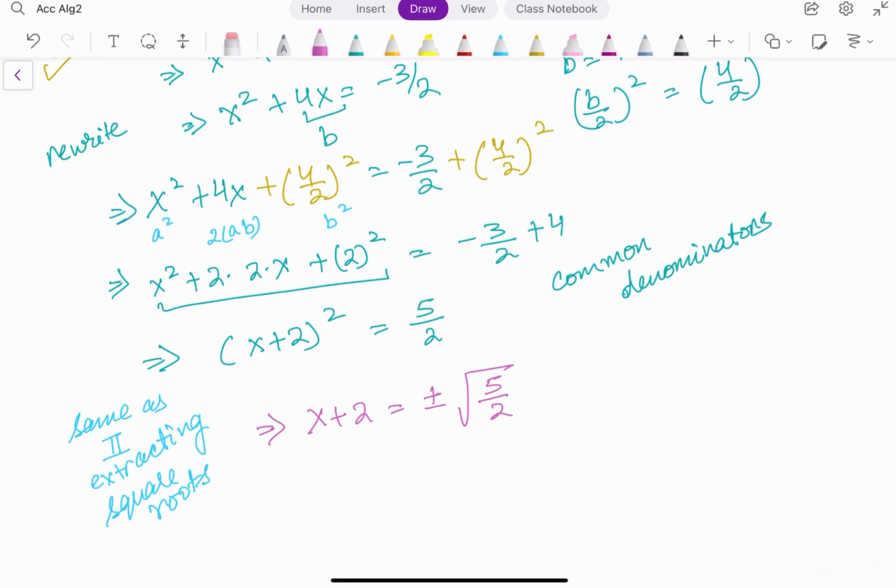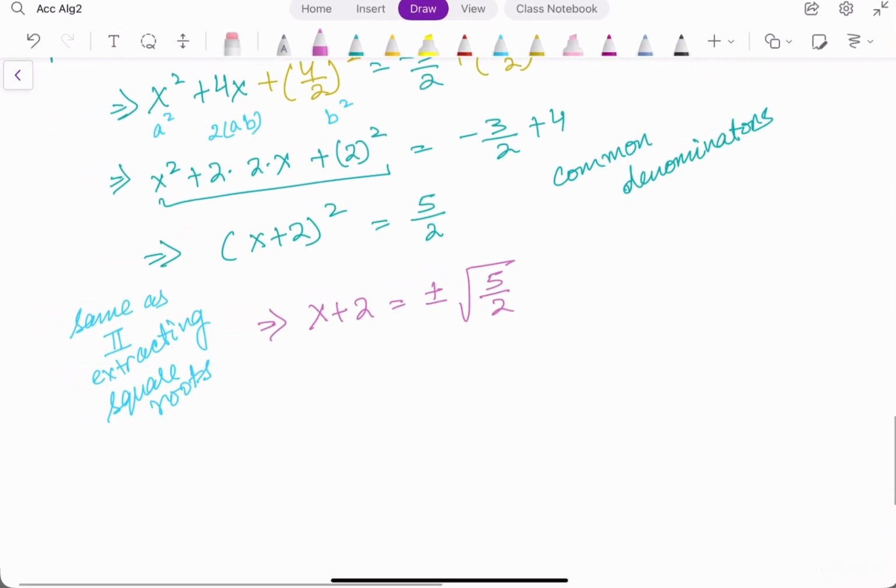And then from here I can solve for x. Let's quickly solve it for x. So I will get negative 2 plus minus radical 5 over 2.